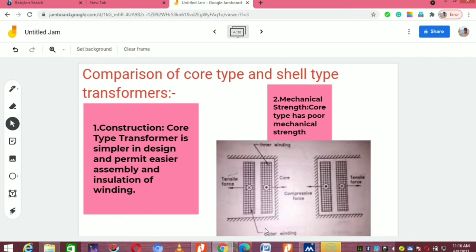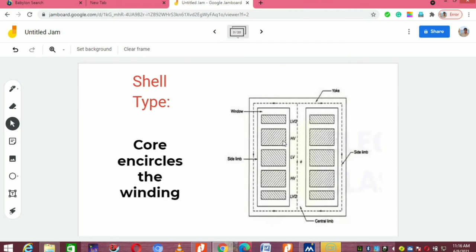In the core type transformer, as there is no mechanical support for the winding, the damage chances are very high. If you take the shell type transformer, what happens? Even if the mechanical forces develop in the direction which I am showing, they are perpendicular to the winding. So there is a mechanical support.